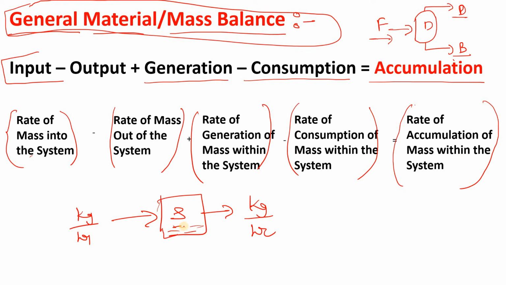How much mass is accumulated within this system. This is the journal material balance.